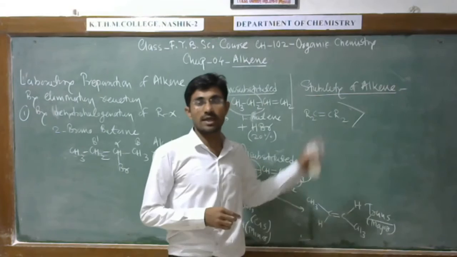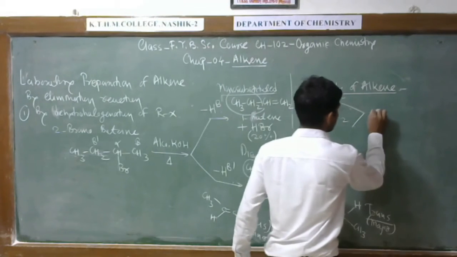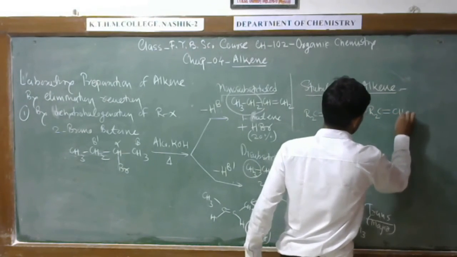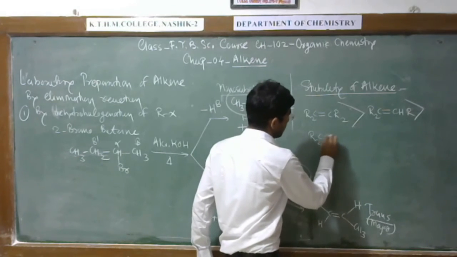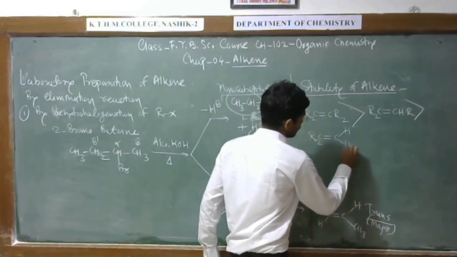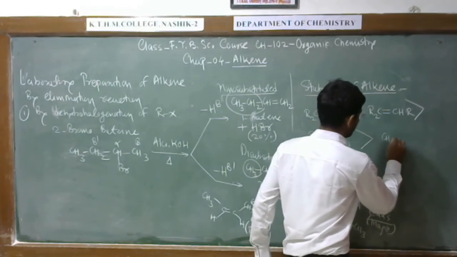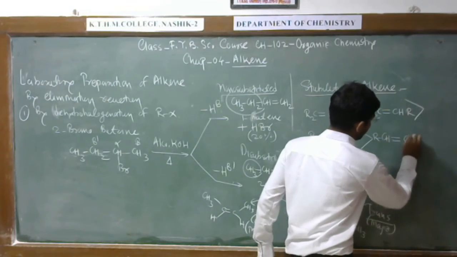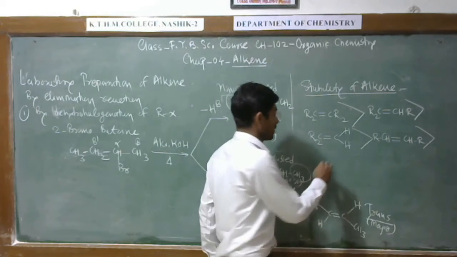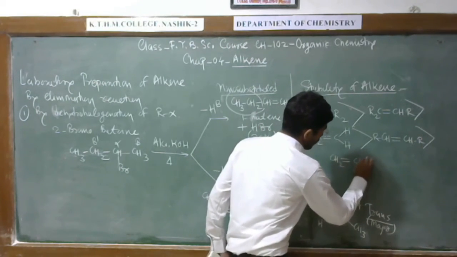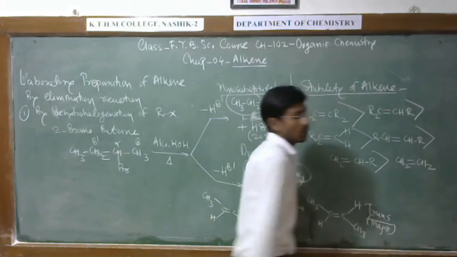an alkene with four alkyl groups attached is the most stable. Tetrasubstituted alkene is more stable than trisubstituted alkene, which is more stable than disubstituted alkene, which is more stable than this type of disubstituted alkene, which is more stable than monosubstituted alkene, which is more stable than this ethylene compound.